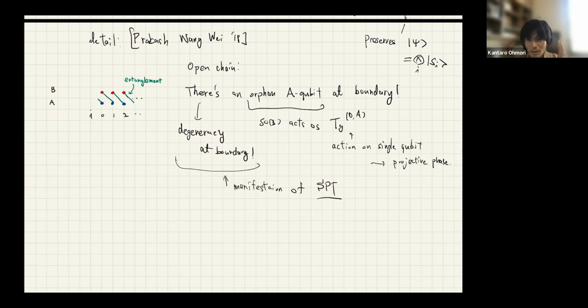As written in the notes, you can easily cook up some SPT phase in 1+1 dimensions for any group G, so that on its boundary you get boundary degrees of freedom that have the particular projective representation, just by generalizing this example.